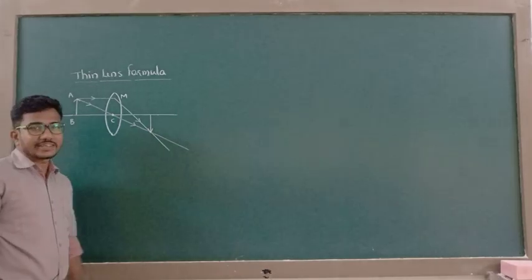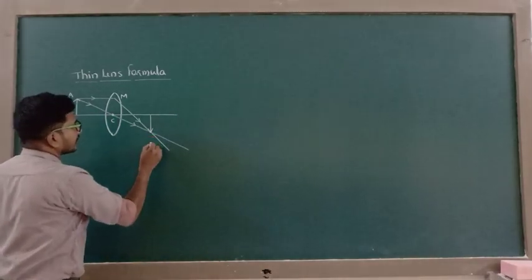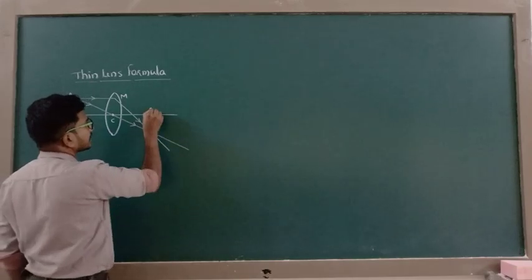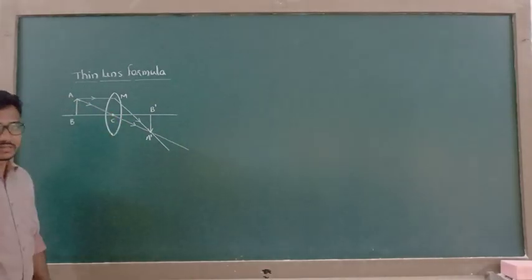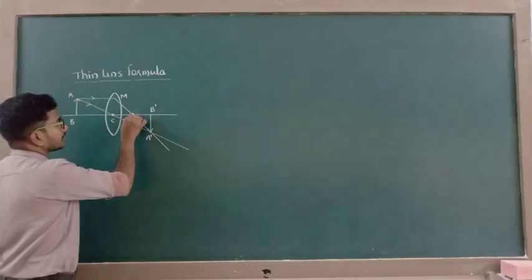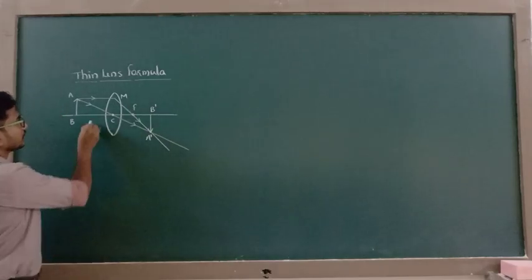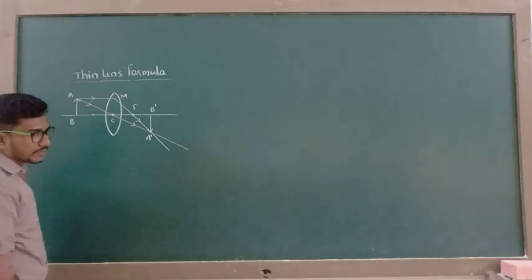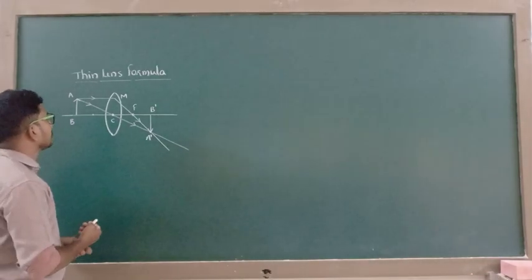AC is another incident light ray. Here A dash B dash is the real inverted image of AB. This point is the principal focus. We know that there are two principal foci in case of convex lens.